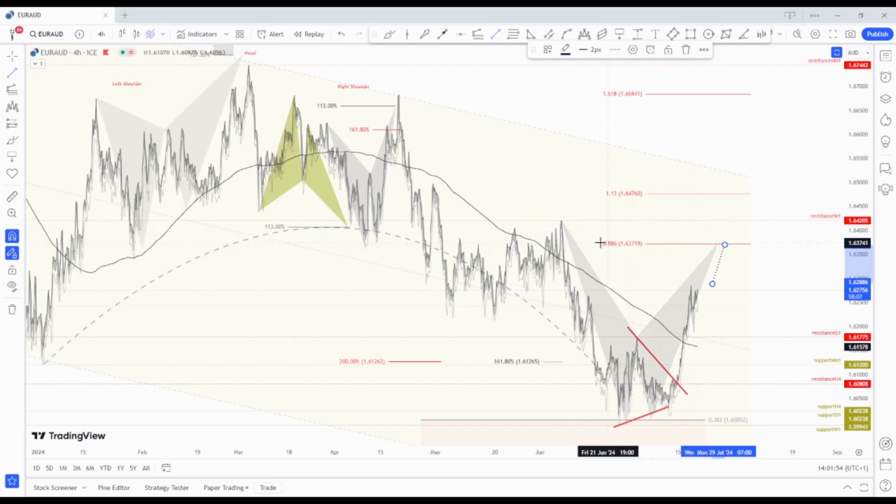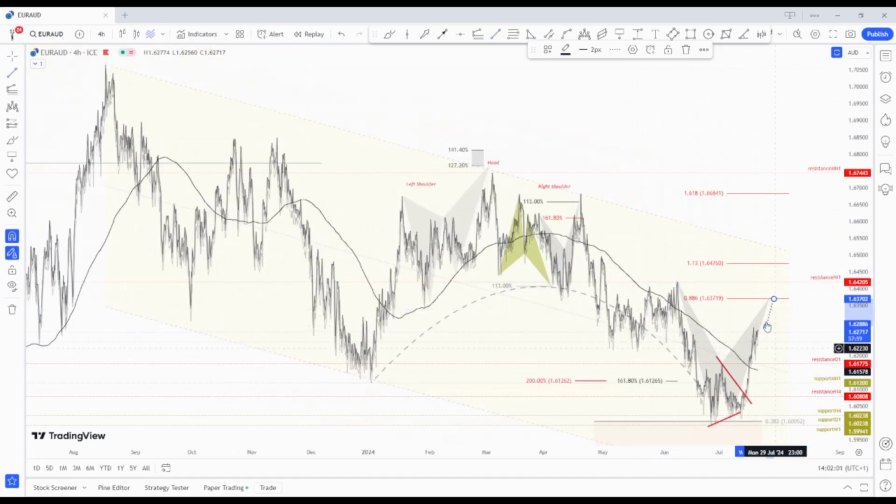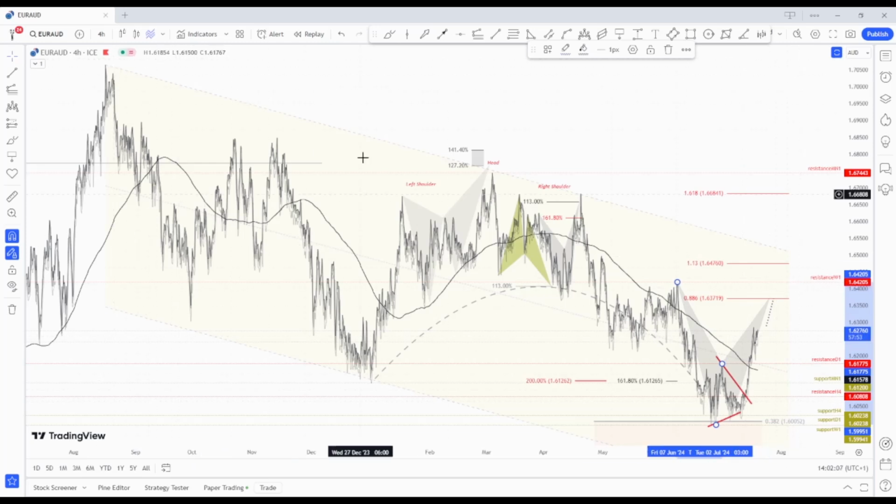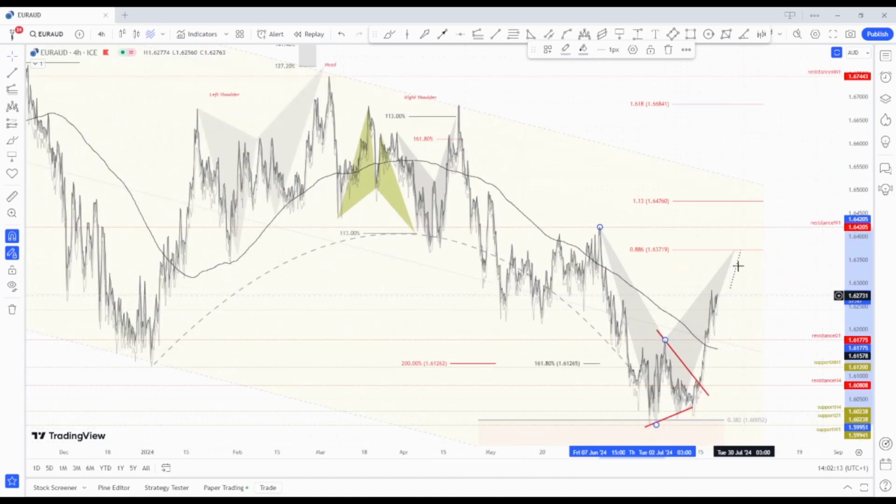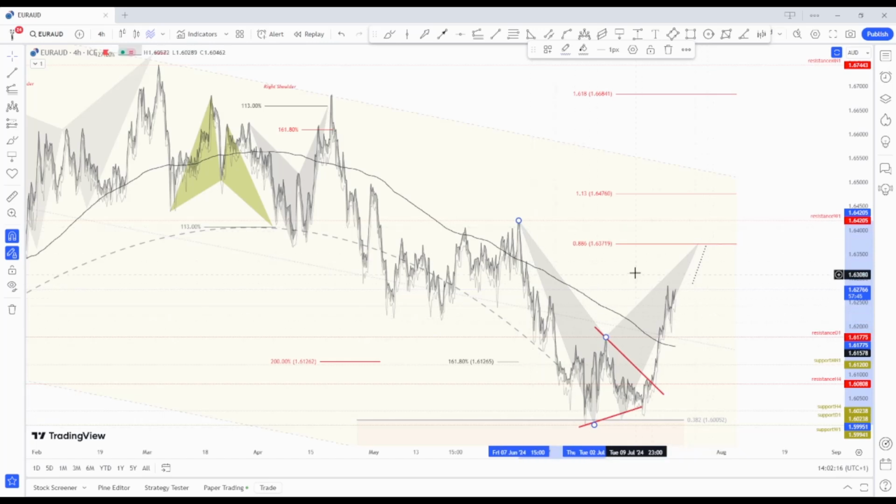163.71, 88.6% Fibonacci retracement level. This is a bearish bat pattern, and usually this is not something that I track at the bottom of the structure. I always search for the bat pattern at the highs and not at the lows once the price creates these weekly fractal support, so this is not a pattern that I search for, but it can happen.